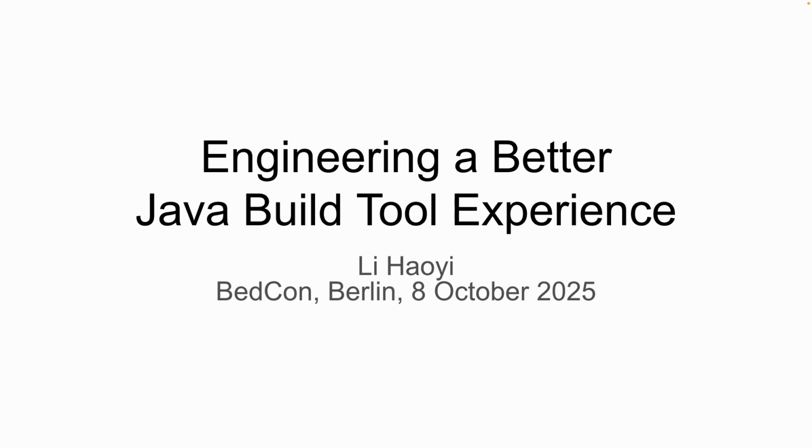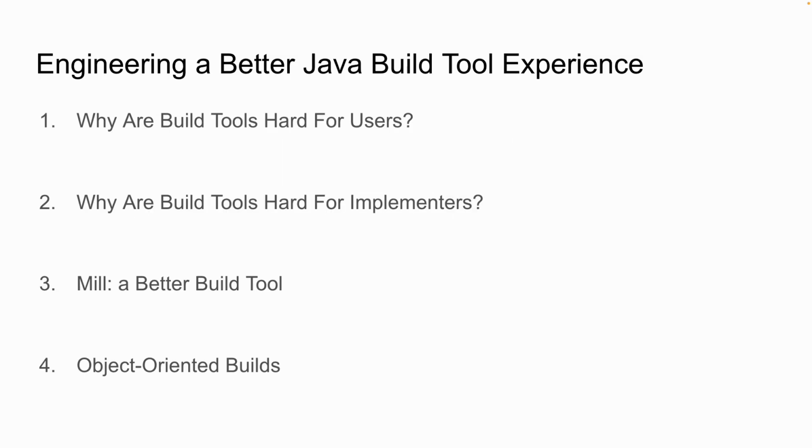So for this talk, we have four sections. First, we'll talk about why build tools are hard from a user perspective, and I'll do a deep dive into some of these facets of what makes a Java build tool difficult compared to what you might expect. We'll talk about why build tools are hard for implementers, why people just haven't gone and made a better Java build tool that fixes all these problems.